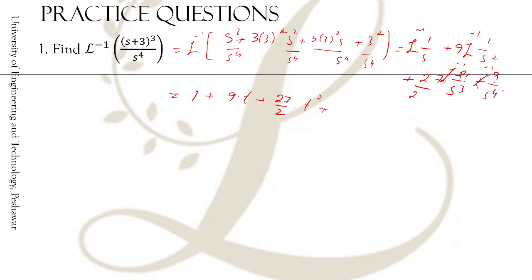Whereas in this case, we need to have 3 factorial, so multiplying by 3 factorial and dividing by 3 factorial as well. So we have 27 divided by 3 factorial, and then we get t cubed at last.